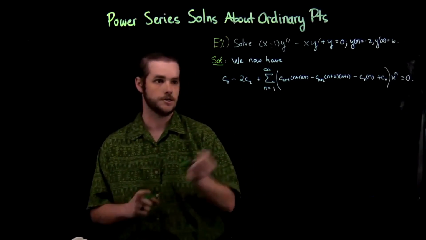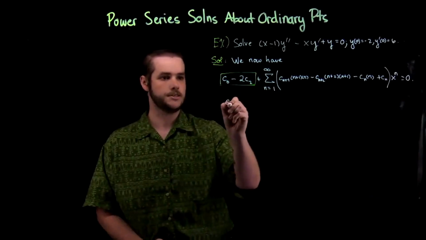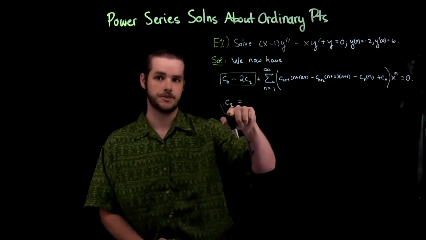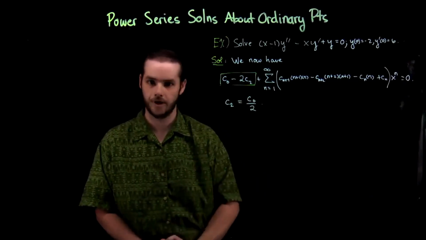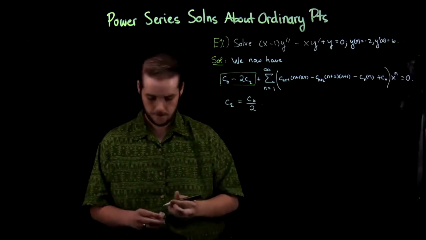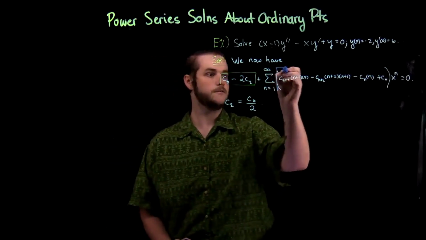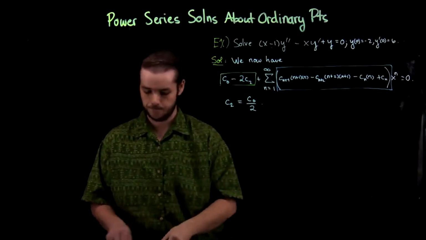Let's look at the constant terms first. It tells me that C2, if I set this equal to 0 and solve for C2, I get C0 over 2.